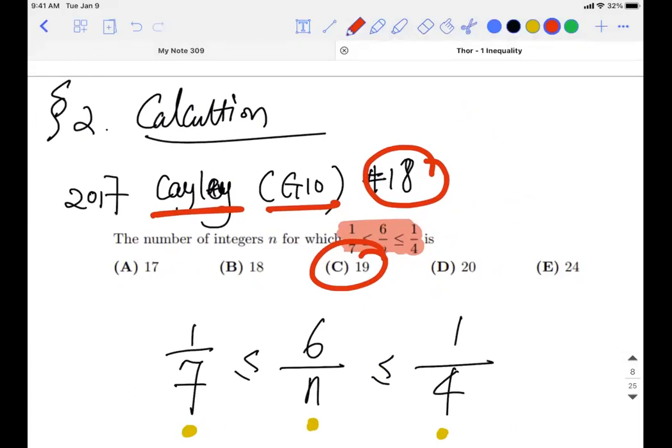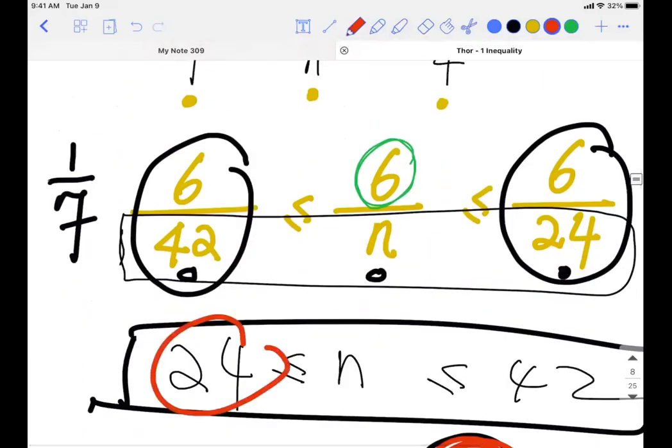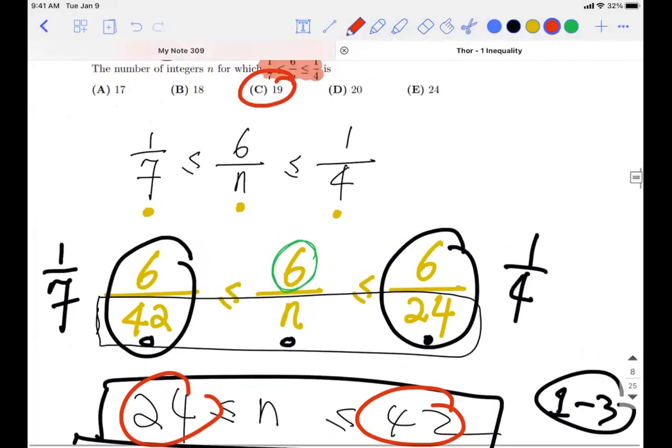Oh yes, because the question said the number of integers n for which, and the number does not really mean the value of n, it means the options of n. You can have from 24 all the way to 42, there are 19 different n's that make sure such inequality holds.